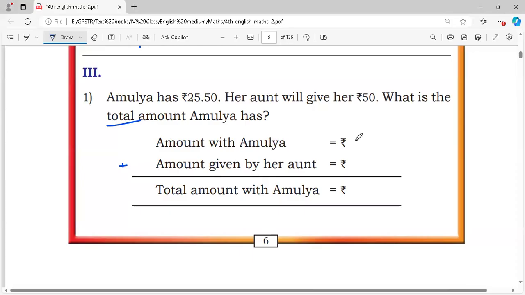Amount with Amula, 25 rupees 50 paise. Amount given, 50 rupees 0 paise. Add: 0, 5 plus 0, 5, 5 plus 0, 5, 2 plus 5, 7. 75 rupees 50 paise.